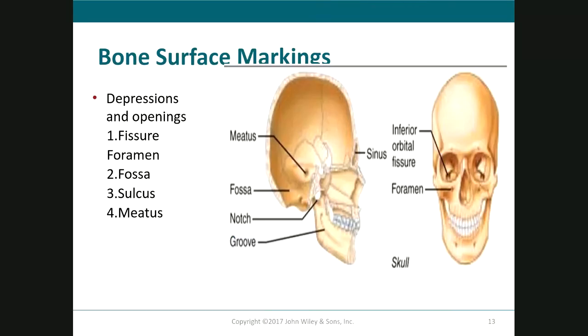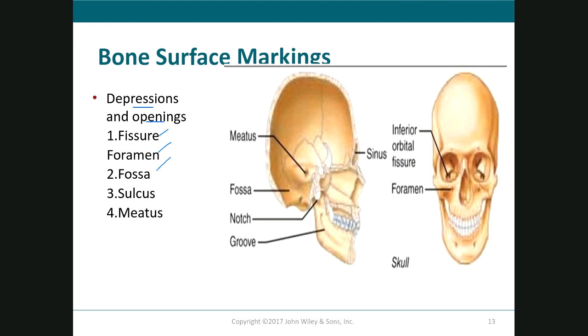So let's go over some general terms that you should start memorizing. This will help you when you start memorizing the details of bones. So depressions or openings: fissures, foramen, fossa.